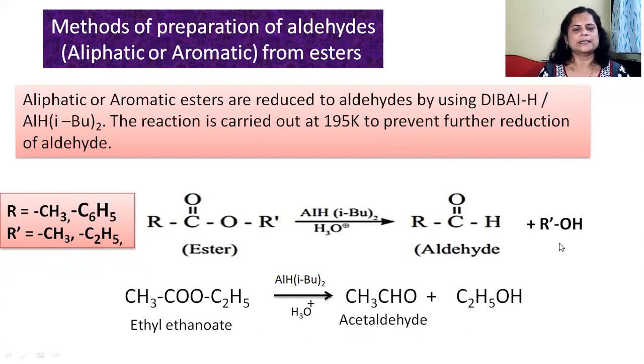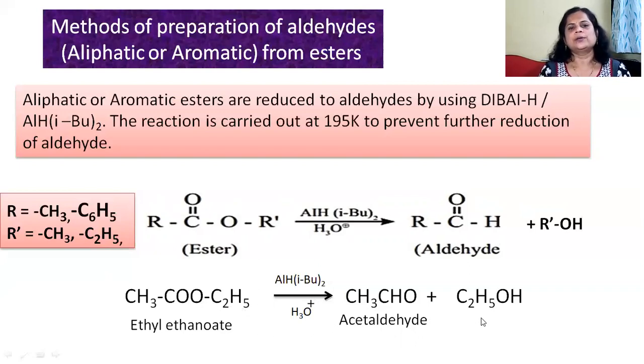The example for that reaction is ethyl ethanoate, CH3 C=O OC2H5. When it is reduced by diisobutyl aluminium hydride, with a similar breaking of the bond between C=O and O, it forms the products acetaldehyde and ethyl alcohol.